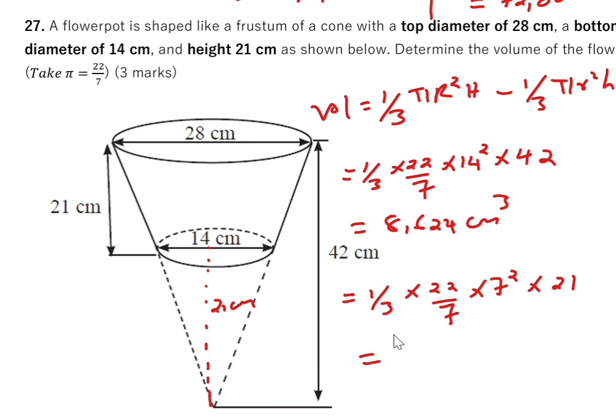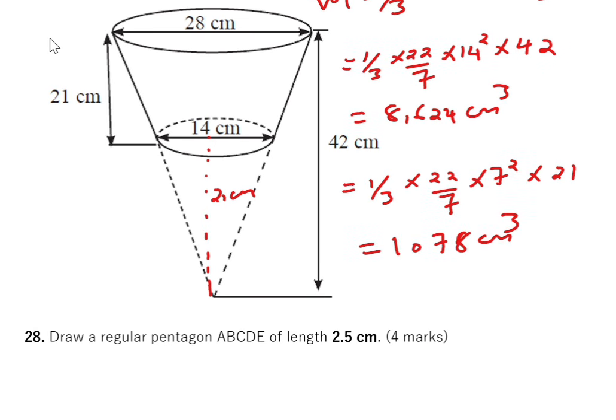We multiply that: 1 over 3 times 22 over 7 times 7 squared times 21. You'll see it is 1078 cubic centimeters.